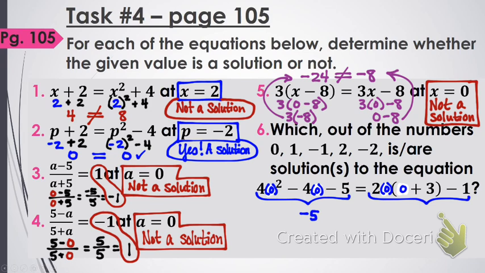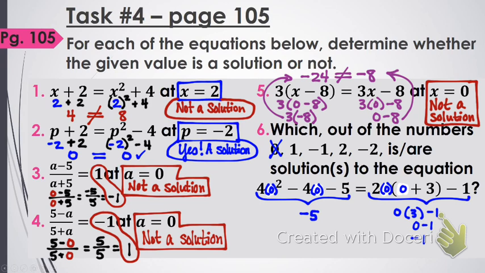So I have 2 times 0, which is what? Oh, wait. Yes. Because I'm going to have 0 times 3, right? Minus 1. I'll be honest, I missed that at first. But that would be 0 minus 1, so I'm going to get a negative 1 over here. Does that mean this does or does not work as a solution? It does not. So 0 is not a solution.